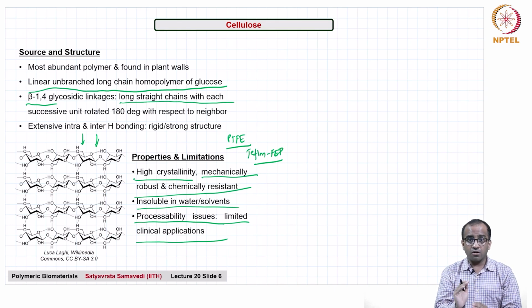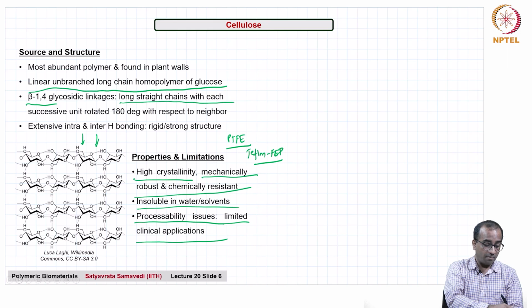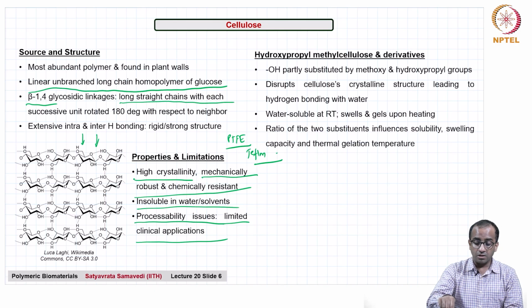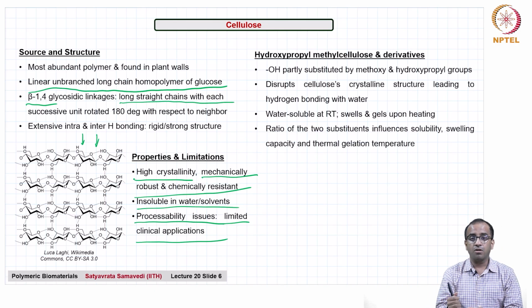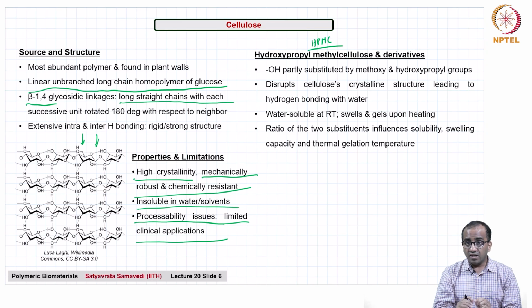Now, if you are able to recall that example, you will be very easily able to relate to the topic I am going to talk about next, which is one important variant of cellulose, namely HPMC or hydroxypropyl methyl cellulose. This is popularly called HPMC, where the idea compared to Teflon FEP is not very different.